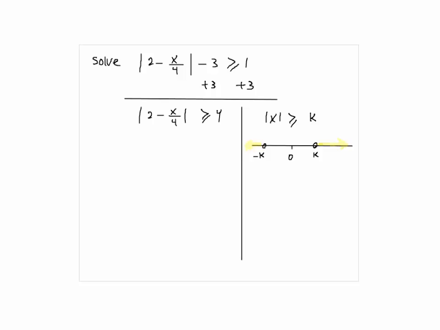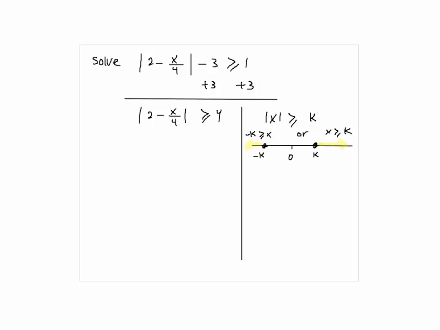Okay? So in this case, we're going to include the endpoints here because it's equal to: all the numbers greater or equal to k, or all the numbers that are less than or equal to minus k.